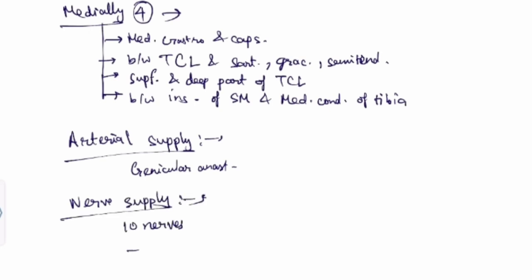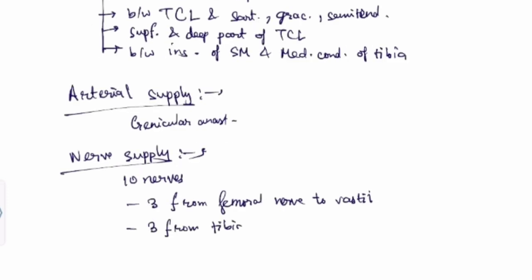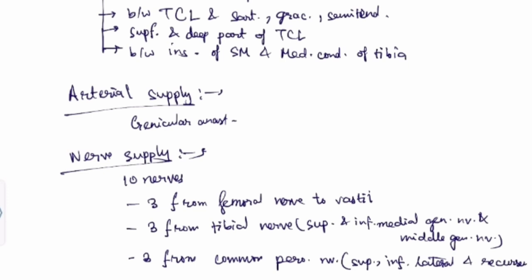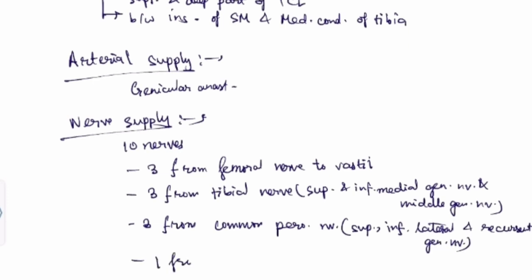10 nerves. 3 from femoral nerve to vasti, 3 from tibial nerve, superior and inferior medial genicular nerve and middle genicular nerve, 3 from common peroneal nerve, superior, inferior, lateral and recurrent genicular nerve, and 1 from posterior division of obturator nerve.